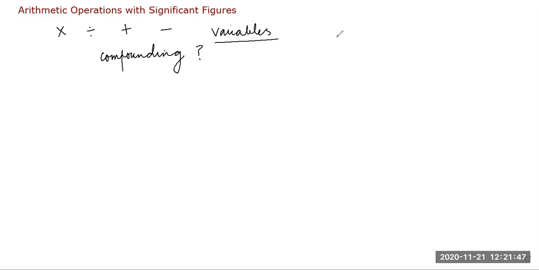For example, let's say mass is 4.237 gram. Now we know it has four significant figures, and volume is measured as 2.51 centimeter cube. Now we know it has three significant figures.